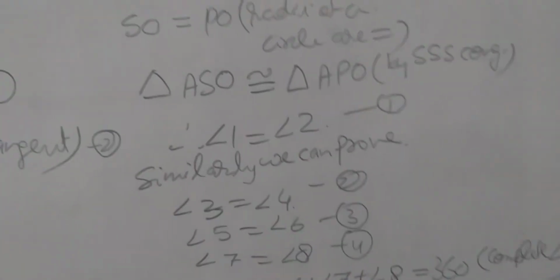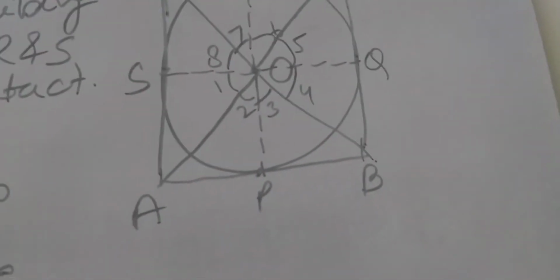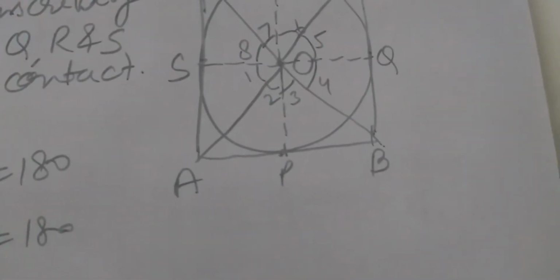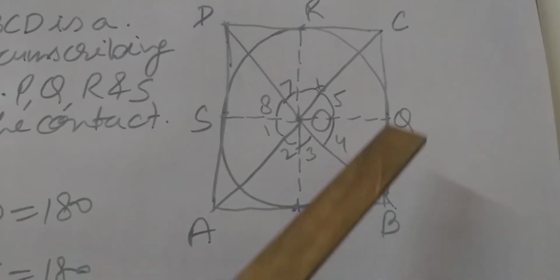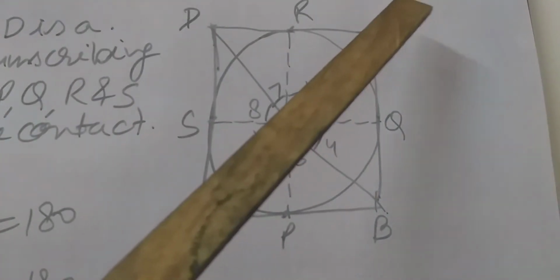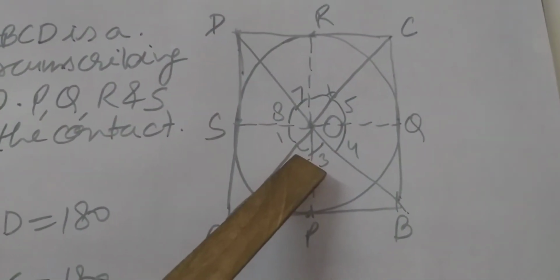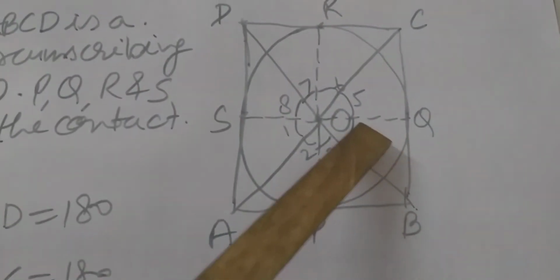Correct? Similarly, students, we can prove triangle BPO and triangle BQO congruent, so angle 3 equals angle 4. Similarly, triangle CQO and triangle CRO are congruent, so we can write angle 5 equals angle 6.